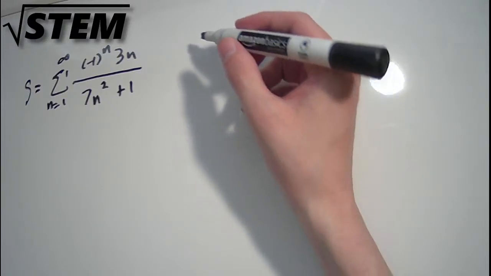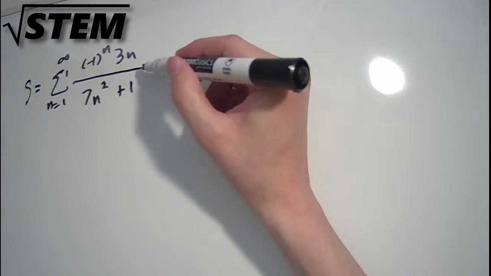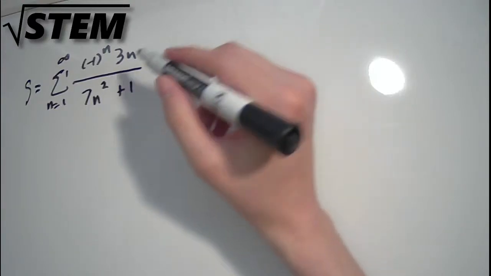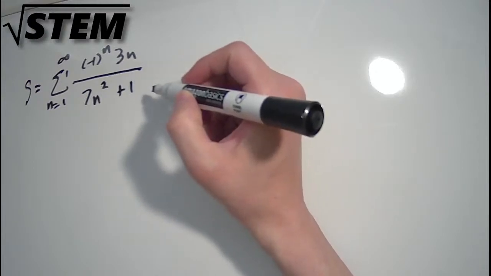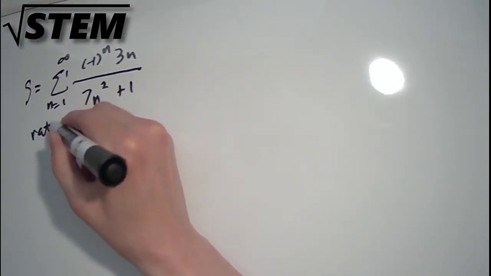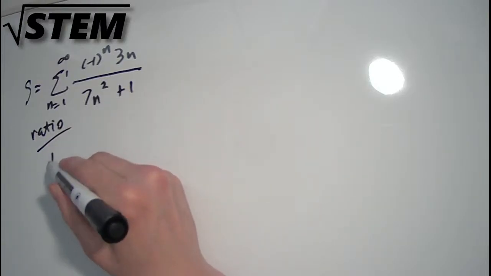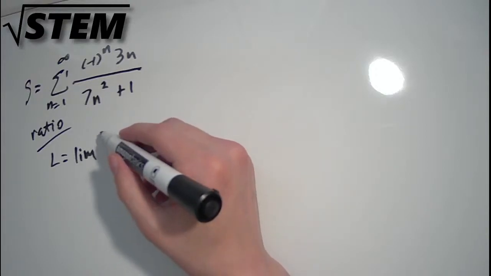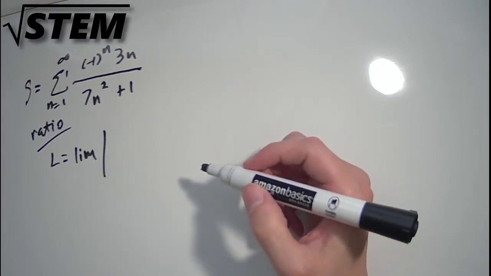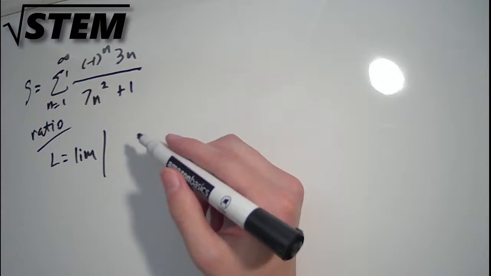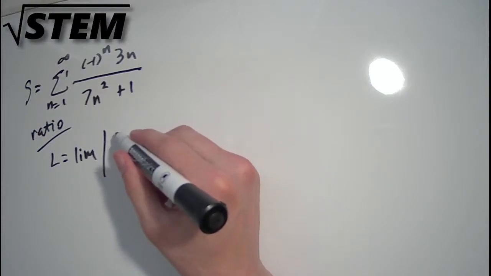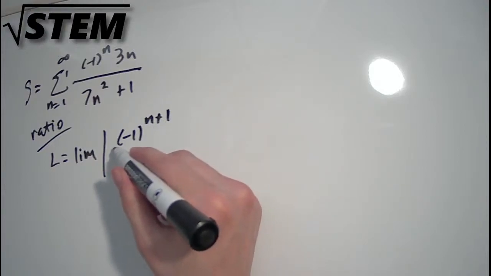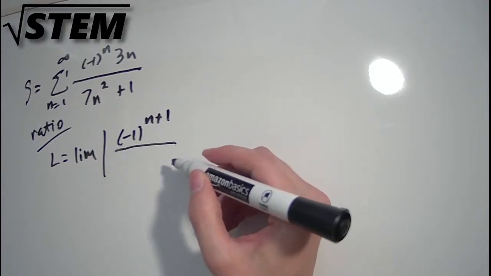So first we want to see if the original sum converges, then we'll check if its absolute value does. I think we can do this one with the ratio test. I'm going to write some of this in shorthand to save time. We have (-1)^(n+1) from the top term, and (-1)^n from the bottom term.